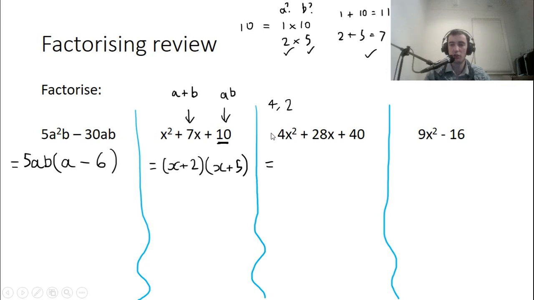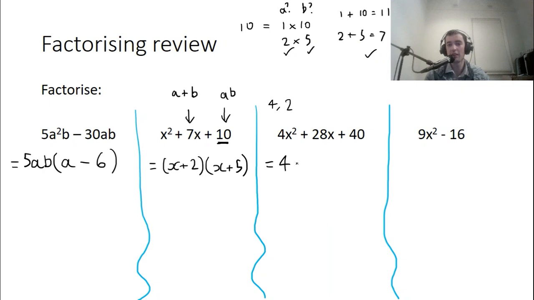So, 2 is a factor of this and this and this because they're all even numbers. But is it the highest factor? Well, 4 is a factor of 40 because 40 is just 4 times 10. It's also a factor of 28 because 28 is 4 times 7. So 4 is a factor of all of them.